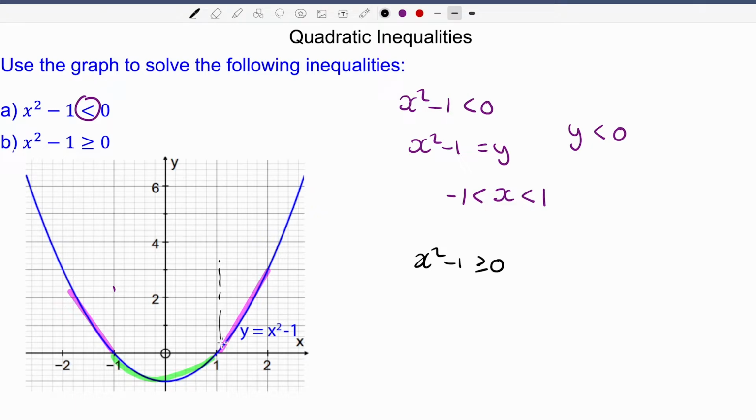The first solution is when we go right from x equals 1, and then we go left from x equals -1. So our solutions are that x is greater than or equal to 1, which are here, and x is less than or equal to -1, which is here. Does that make sense? Okay, let's try another question.